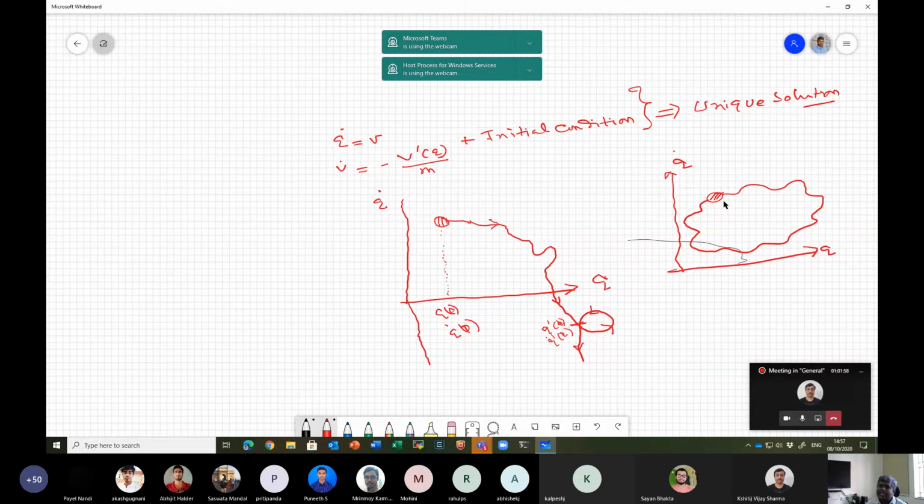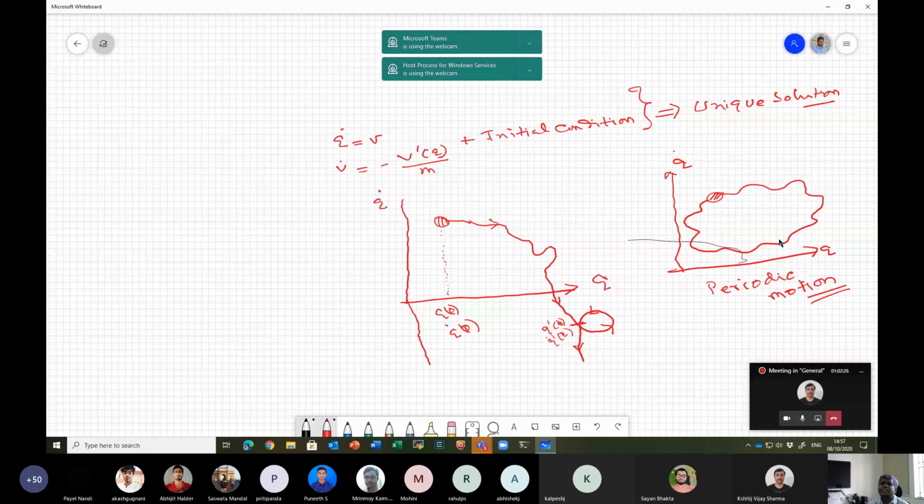Right, so basically you have a particle, and that particle has some initial condition and is moving under a certain force. At every time you can draw the phase trajectory, and at the end of the day, if this phase trajectory comes to the same point where you started, then we call this a periodic motion.